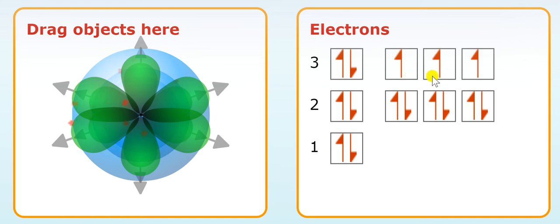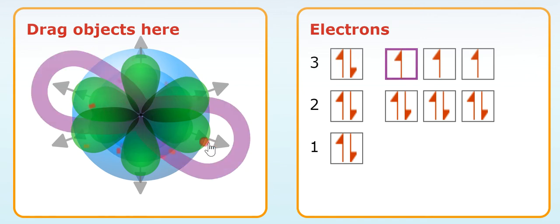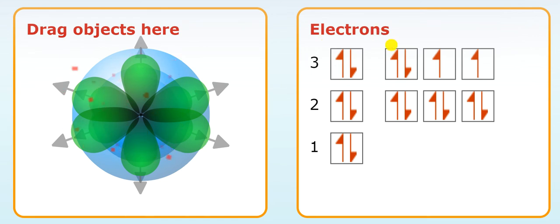And those are represented with these up arrows in each one of these boxes. Then if I need to add additional electrons, we'll go back to the first box and put a down arrow as you see here. And then I can keep on going if needed, if I need to have more electrons in the atom.